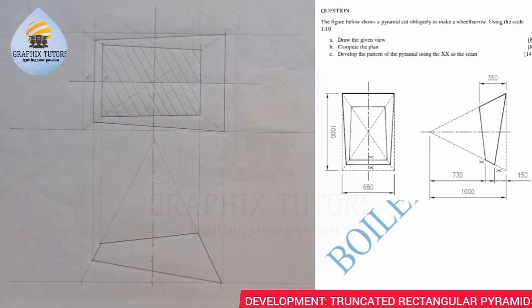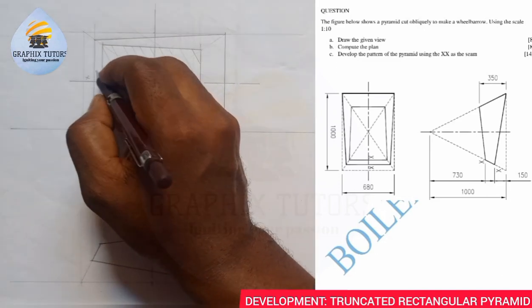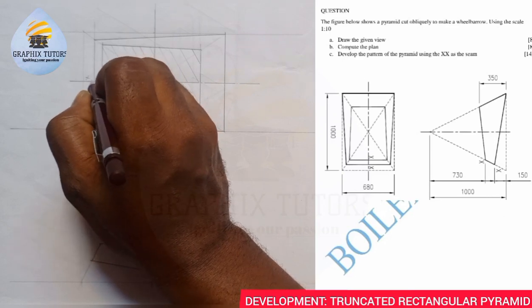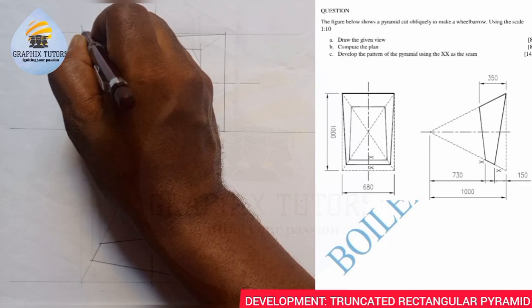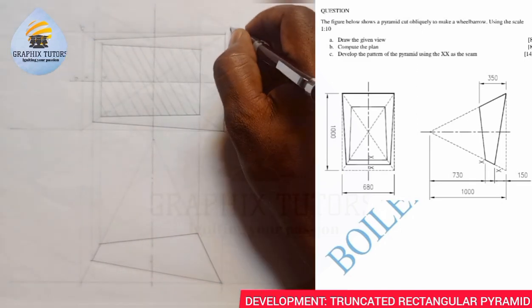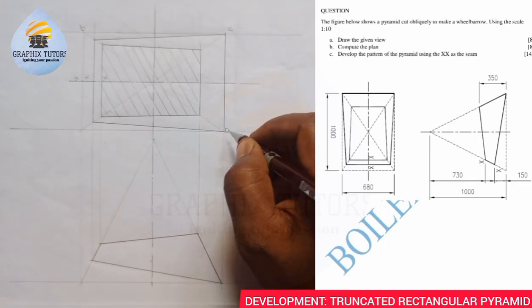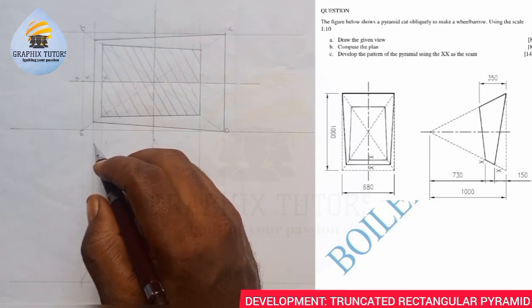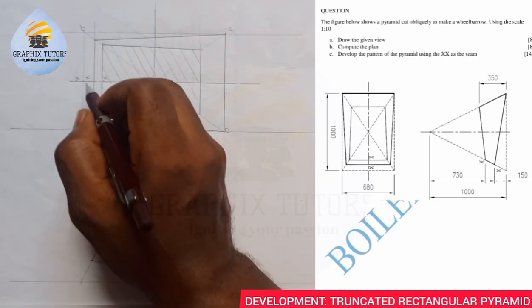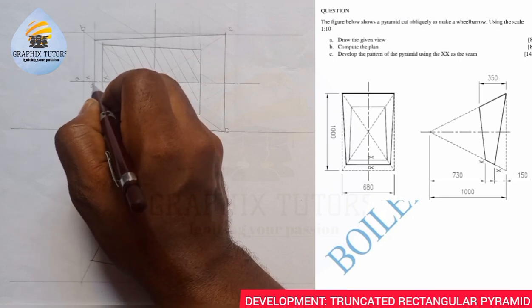Right? Now, let's start. From this point XS, I'll term it to be my A. From this point here, I'll term it to be my A, B, C, D, E, back to A. So if this is A, here also I'll call it A prime.